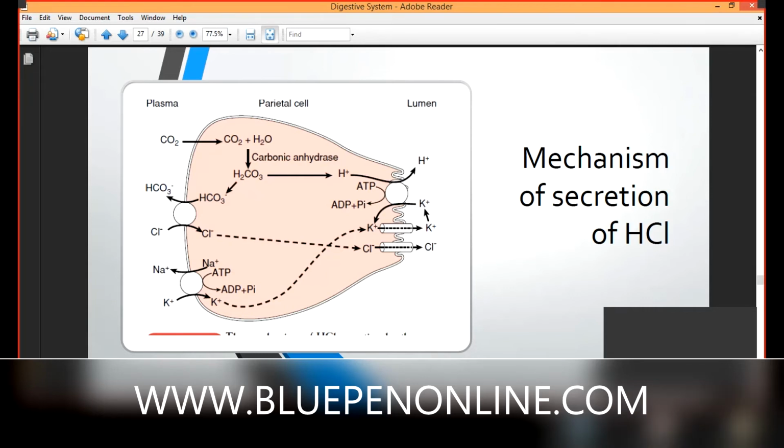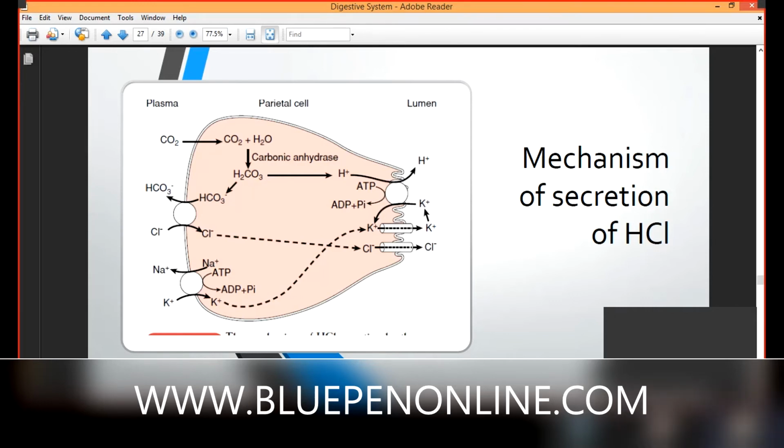Once potassium is secreted into the lumen, then again it is reabsorbed back into the cell. Reabsorption takes place.